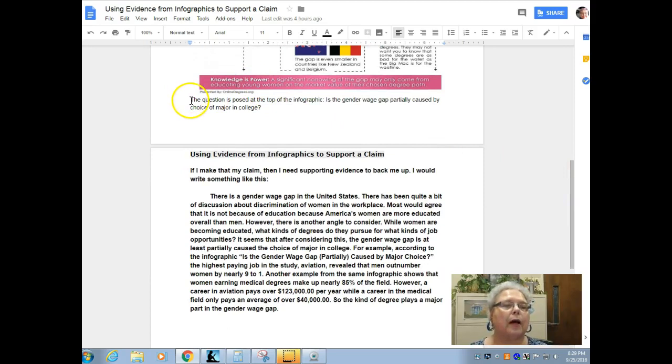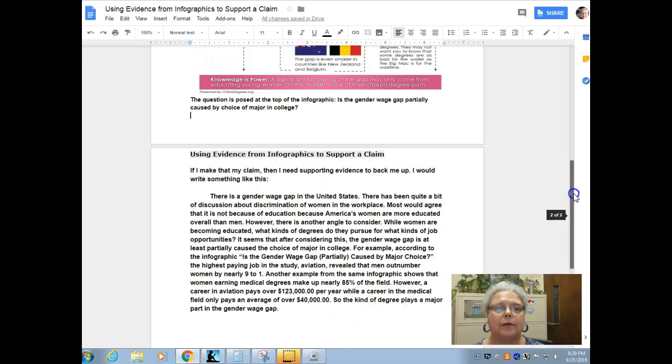The question is posed at the top of the infographic: is the gender wage gap partially caused by the choice of major in college? So because it asks that, I'll bold that so you can see it a little bit better. If I make that my claim right there, then I need supporting evidence to back me up, and I would write something like this.